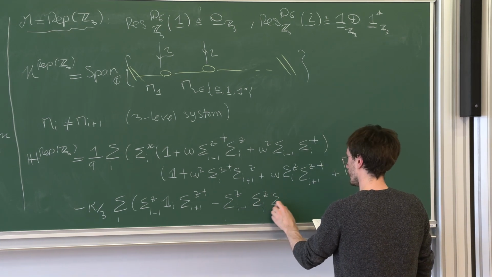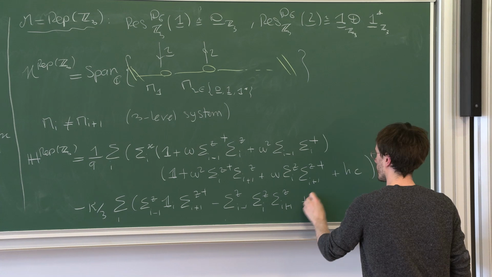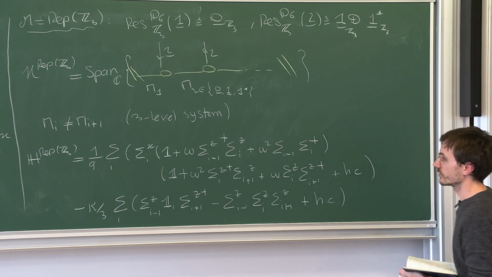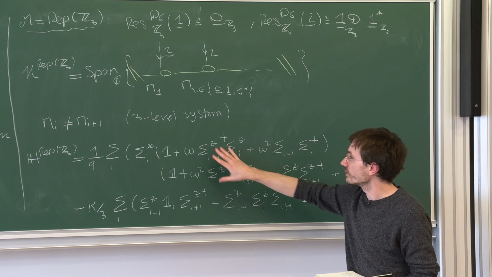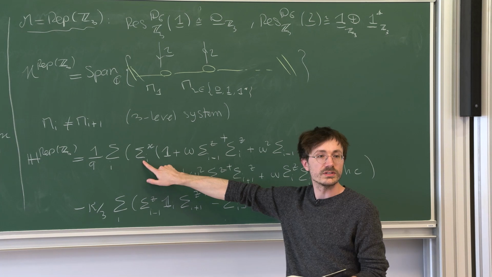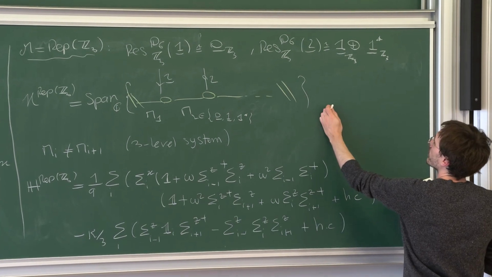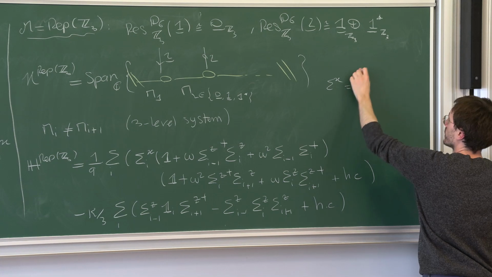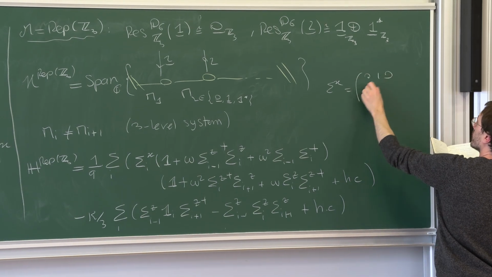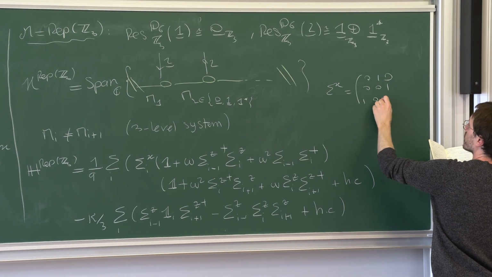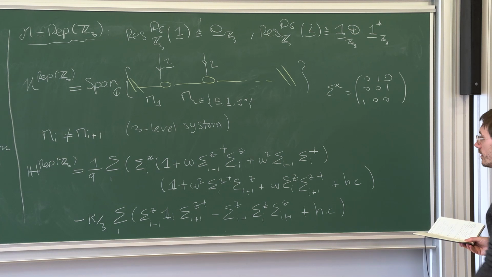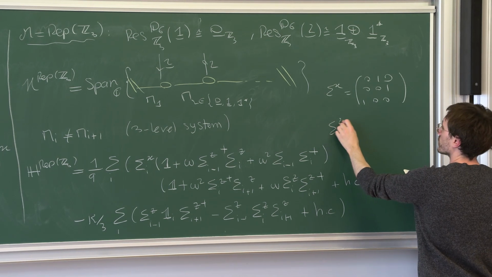Plus the Hermitian conjugate. This operator is basically just, it acts with this matrix sigma x, which is just the clock matrix. I'm going to put it there. And the sigma z is just the usual.